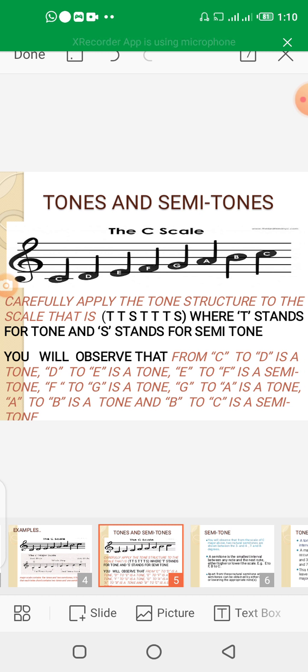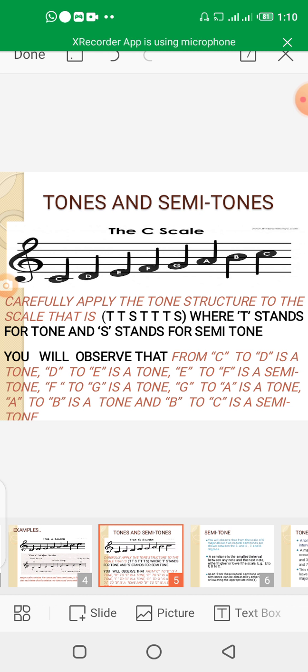Then in the next step, you meet 3 tones, then 1 semitone. So from F to G is a tone, from G to A is a tone, from A to B is a tone. From B to C, you know what it's going to be, because it's tone, tone, semitone, tone, tone, tone, semitone. So from B to C is a semitone.